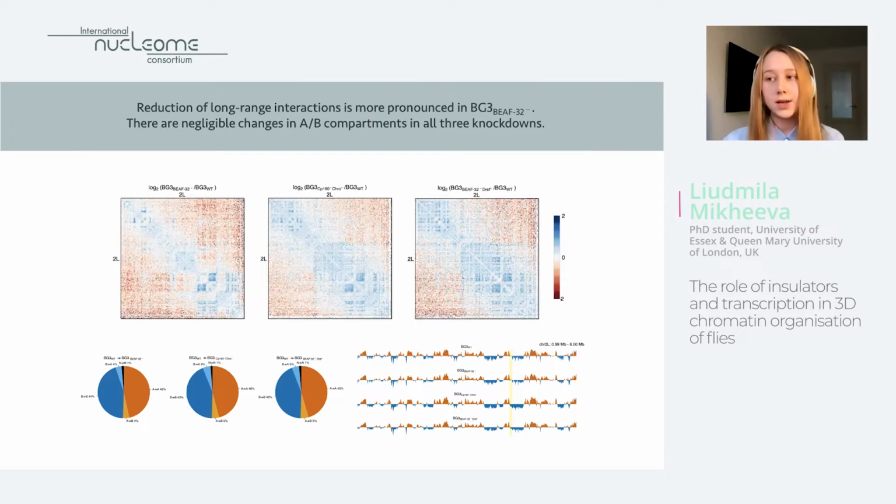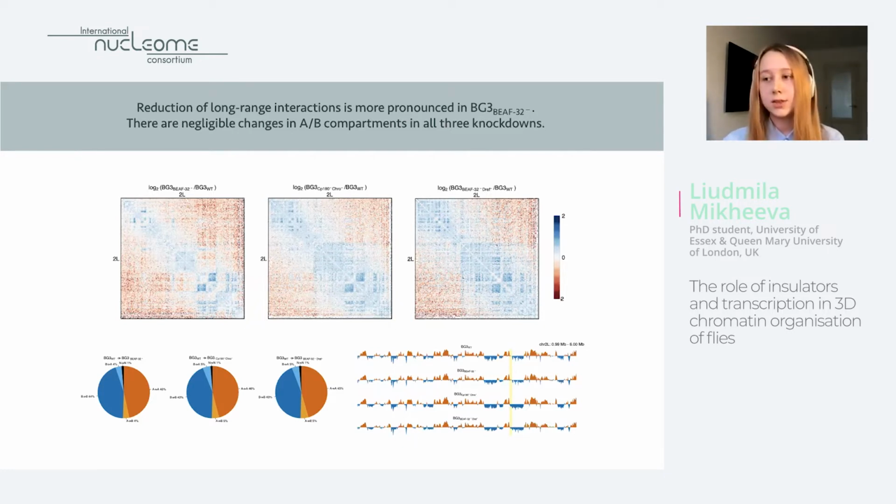Previous analysis of Hi-C data has shown that the genome can be divided into two compartments called A and B compartments. The DNA fragments belonging to the same compartment are spatially colocalized, and these compartments are associated with open chromatin for the A compartment and closed chromatin for the B compartment.